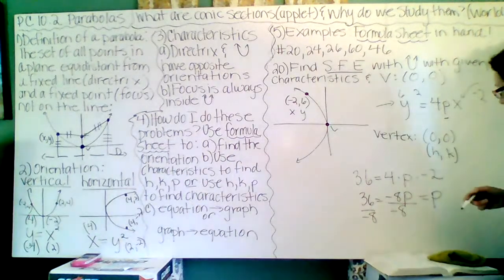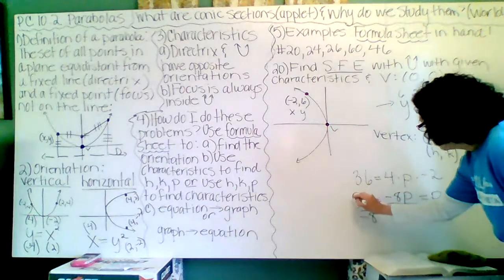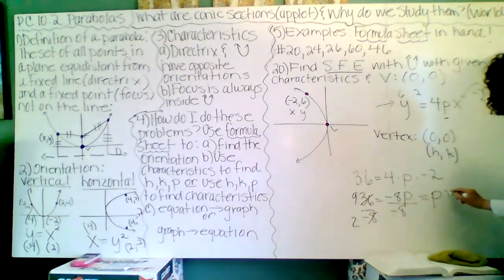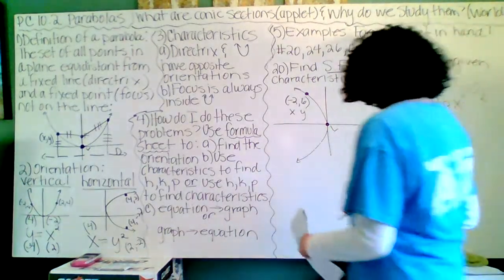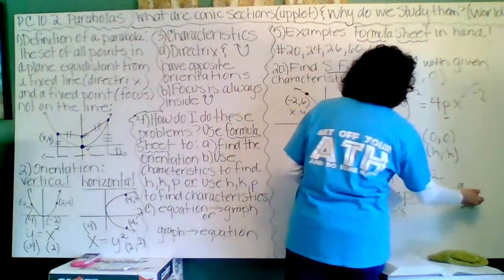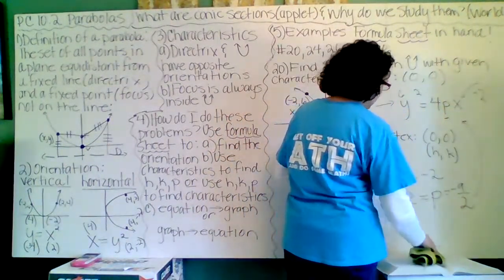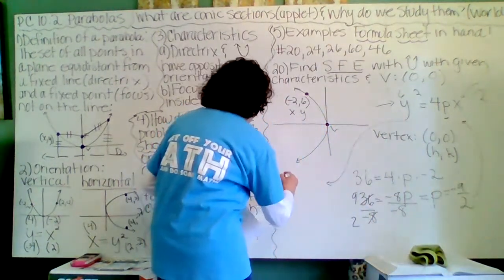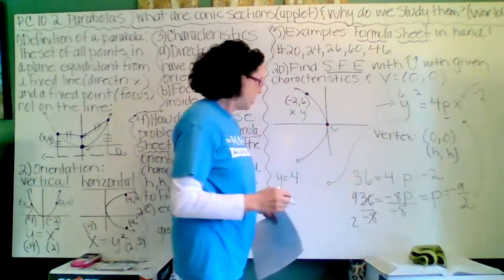And so I'm just going to reduce that. I can take a 4 out of each. So when I divide by 4, that's 9 halves. So -9 halves, or -4.5. There we go. So I'm going to go back up and put in for P. Here we go. y equals, here's my 4, always part of the formula.